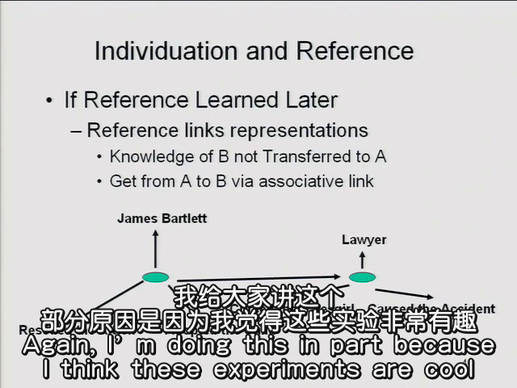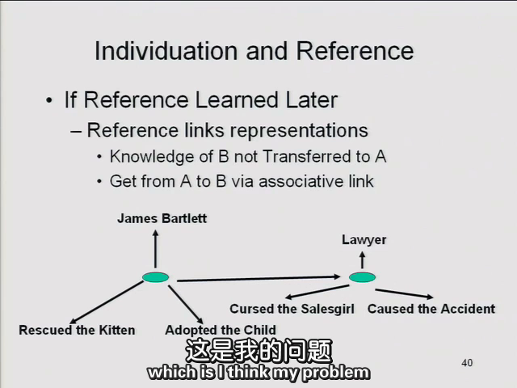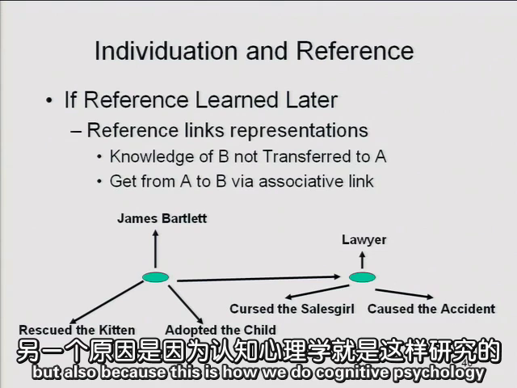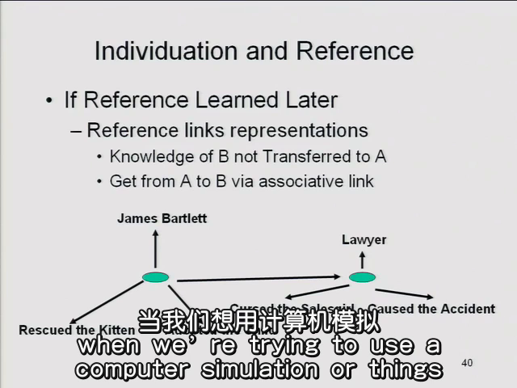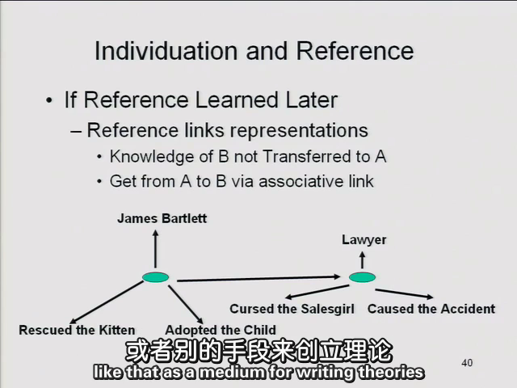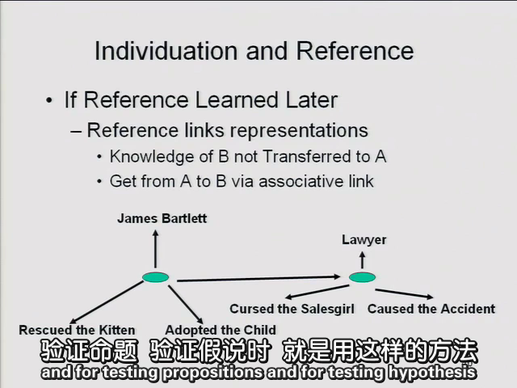Again, I'm doing this in part because I think these experiments are cool, which is, I think, my problem. But also because this is how we do cognitive psychology, and this is how we do social cognition when we use computer simulations or things like that as a medium for writing theories and for testing propositions and hypotheses.